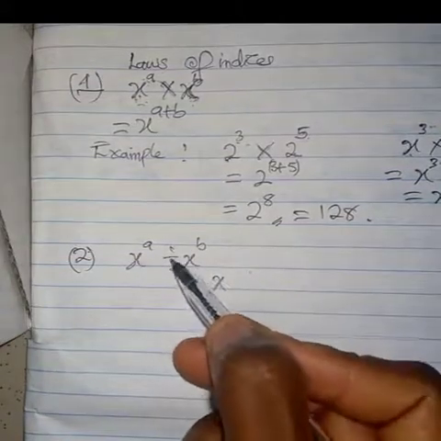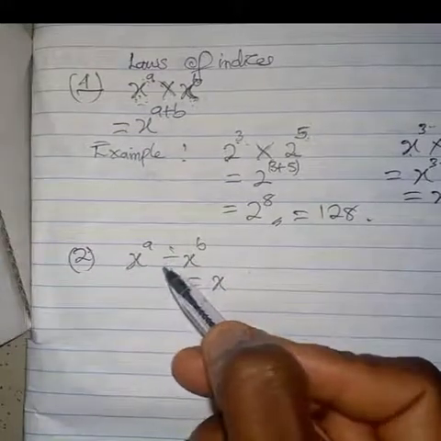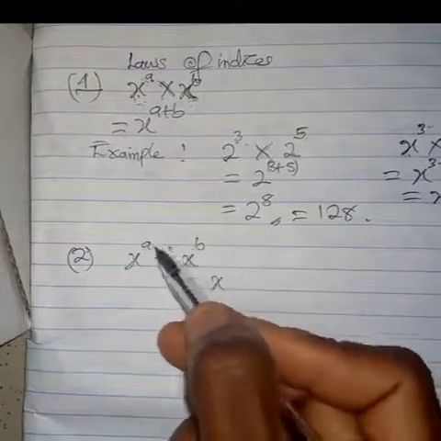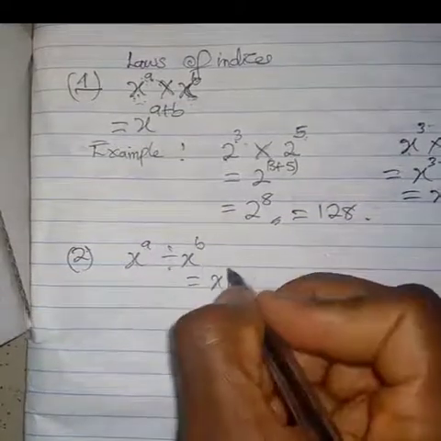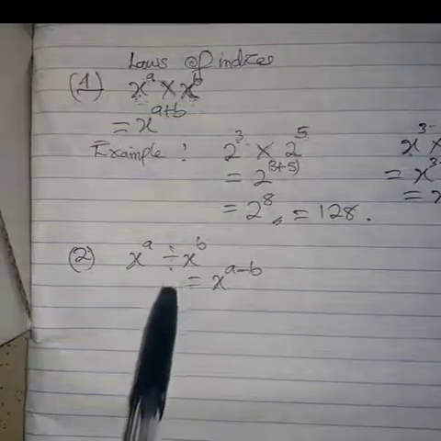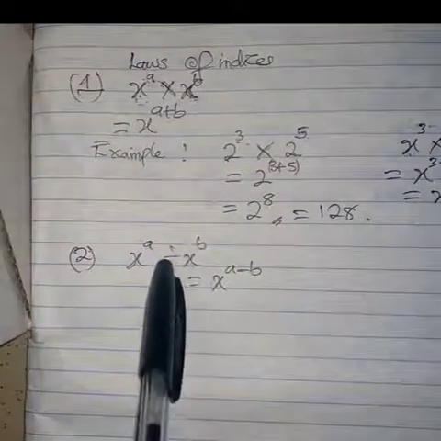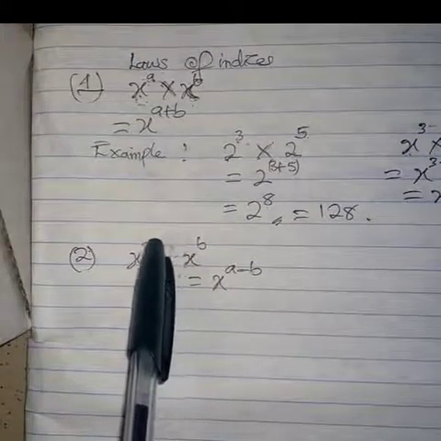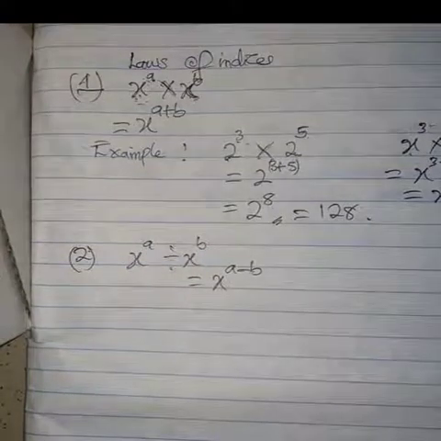Once you see a division sign between these two, all you just need to do is subtract the powers. Then you have a minus b. You see the difference? Almost the same thing as the first one, but there's a division sign here, and we are subtracting one power from the other. It's as simple as that.